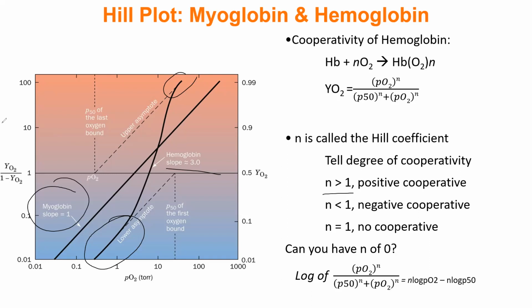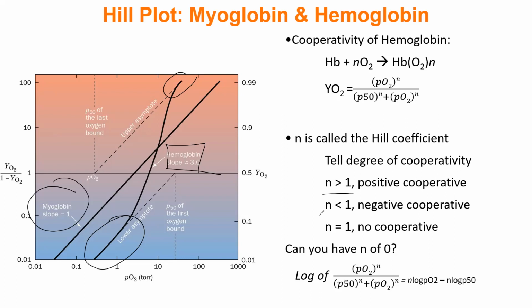So when looking at a Hill coefficient, if you are not just a perfectly straight line, you take the slope of where your line is starting to curve. Here we are seeing it is 3. Now, it is also possible that you can have what's called negative cooperativity.